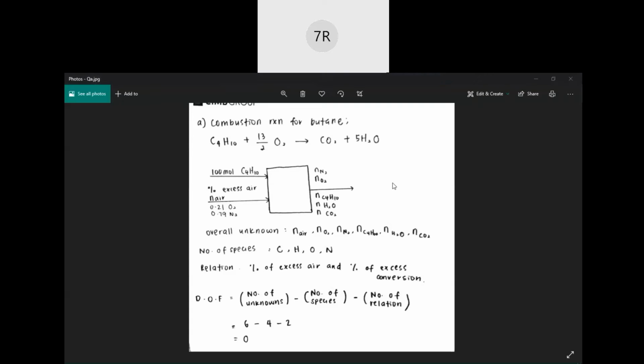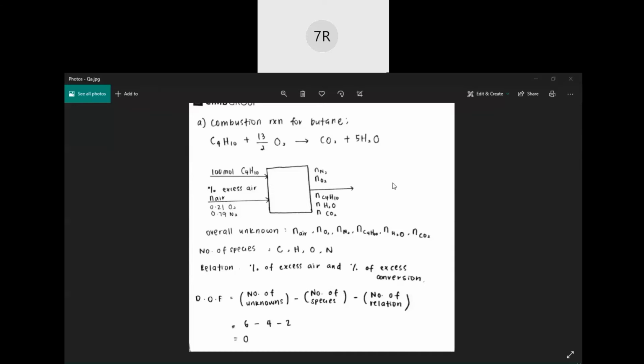Okay, for question A, use a degree of freedom analysis to prove that if the percentage excess air are specified, the molar composition of the product gas can be determined.